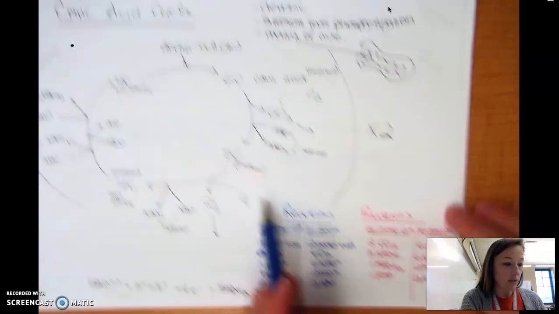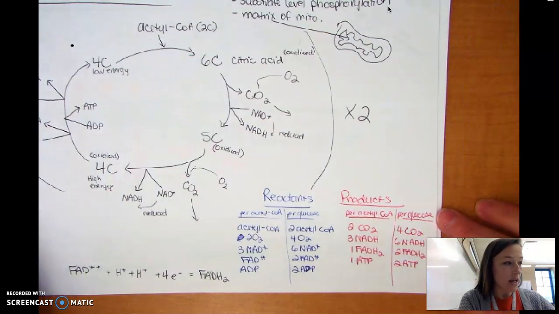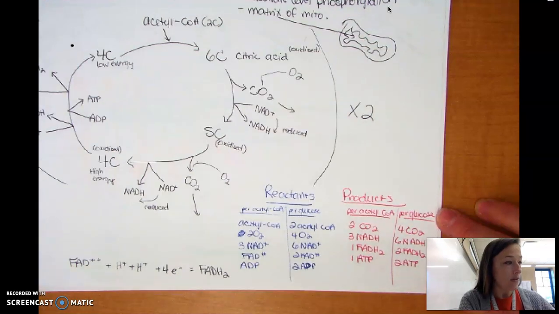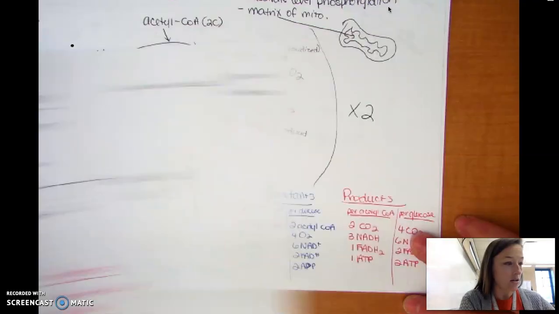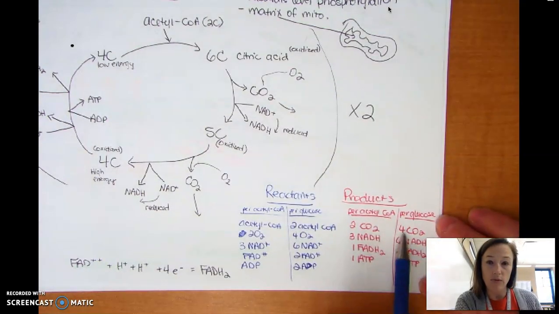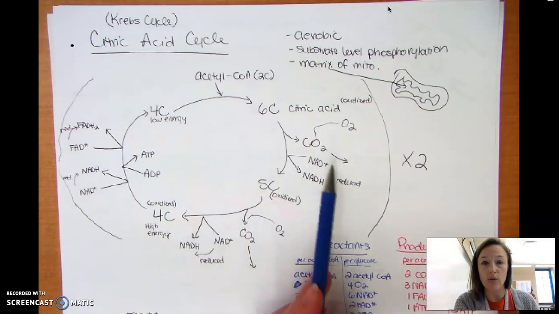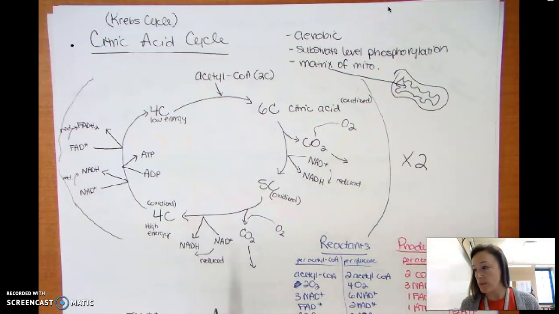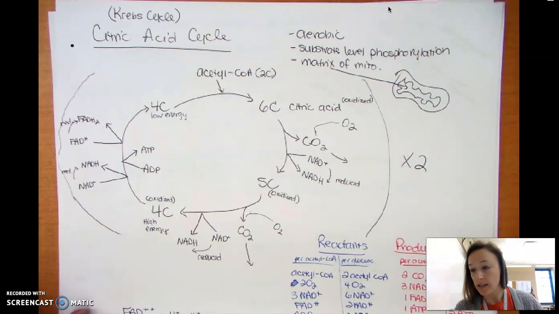And then, if you look down here in the products, per glucose, we lose the other 4. So by the time we get through pyruvate oxidation and the citric acid cycle, we have lost 2 carbons here and 4 here for a total of 6. By the end of the citric acid cycle, we have lost all 6 carbons.